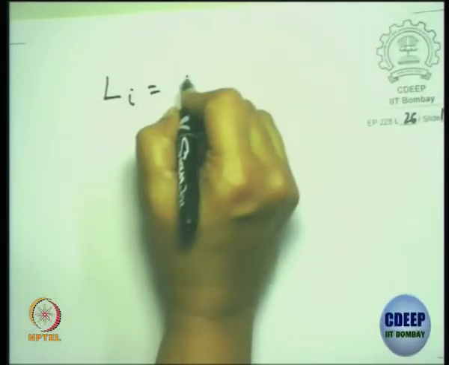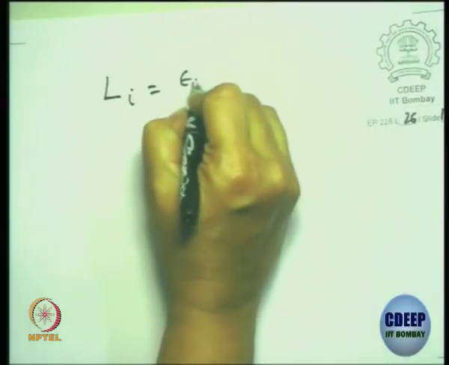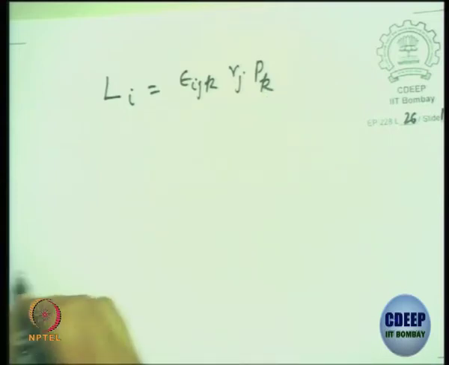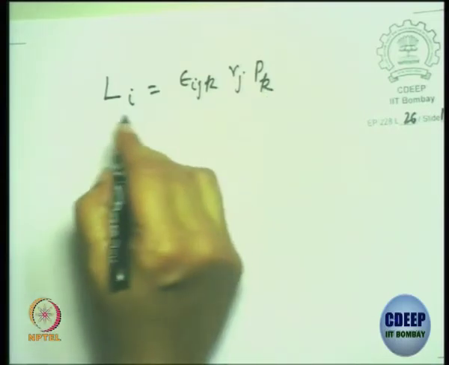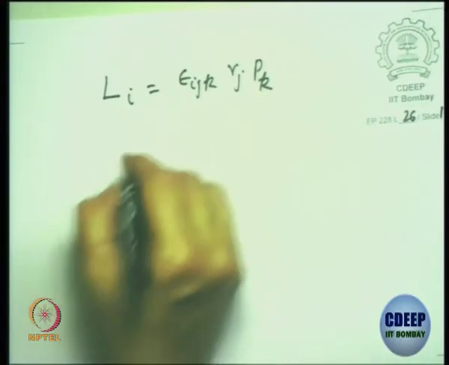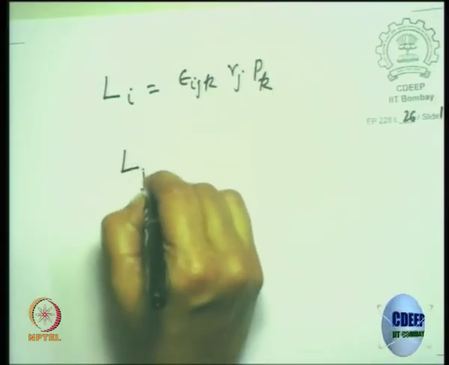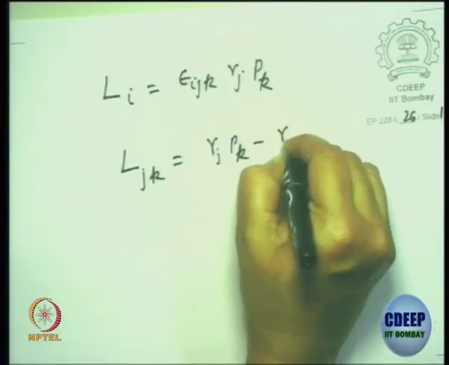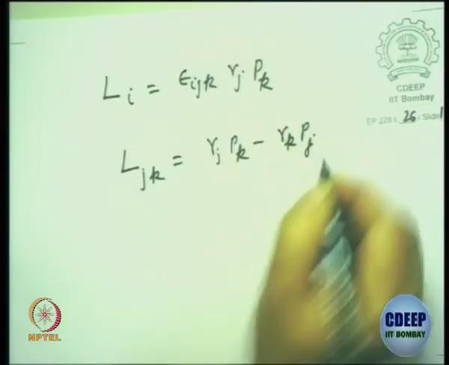So this has to motivate you. What I am saying is, you wrote L_i to be epsilon_ijk r_j p_k, right? Now I am trying to say that this is not the right way to write it. We will write L_jk as r_j p_k minus r_k p_j.